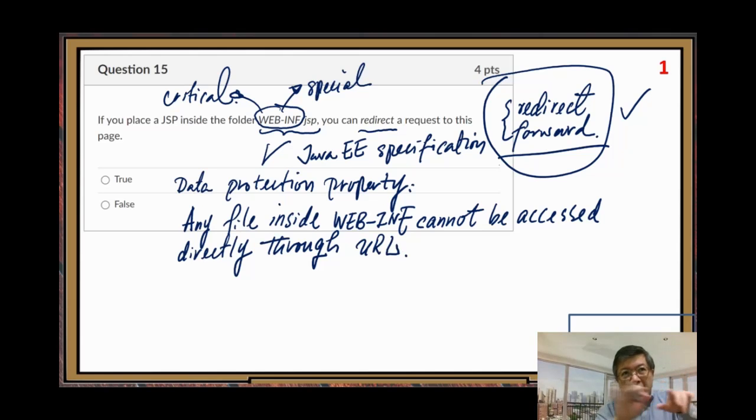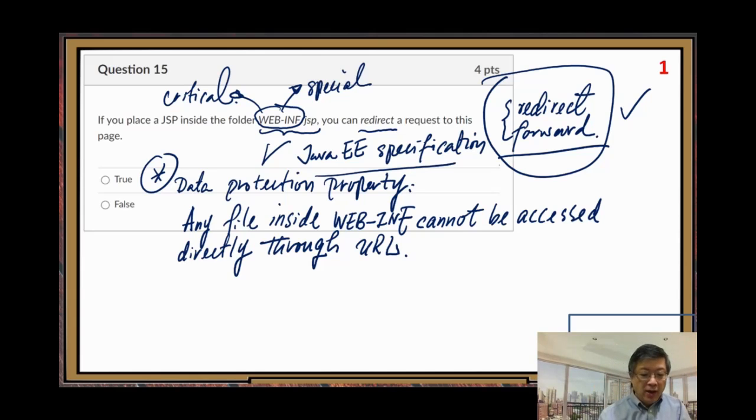So if you just type URL in the web browser, try to access domain, web application name, then web-inf/ the file name location, you are not allowed to access because the resource inside this folder is highly important and they are protected by the technology. All right, so that rule is important.